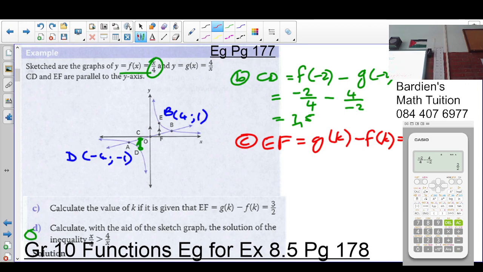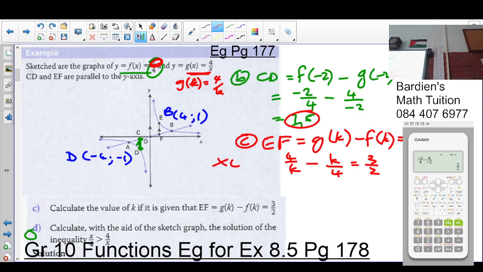Now, if g of x is 4 over x, then g of k is 4 over k. So it's 4 over k minus f of k, which is k over 4, equals 3 over 2, which is the same value as here. So one of my solutions is definitely going to be x equals 2 because it's the same name. My LCM here is 4k, for those of you who thought algebraic fractions were behind us.